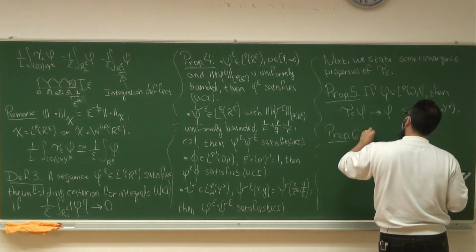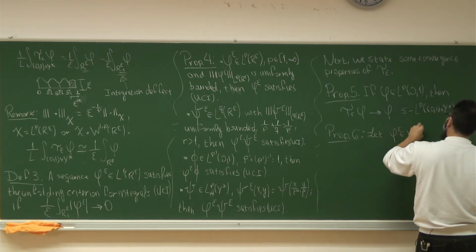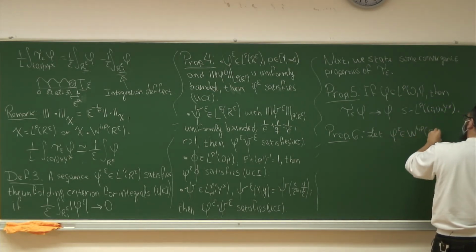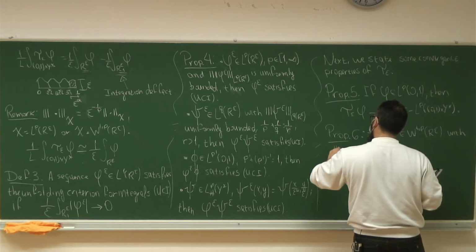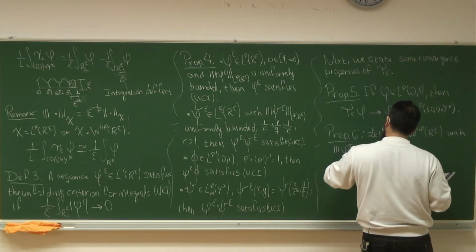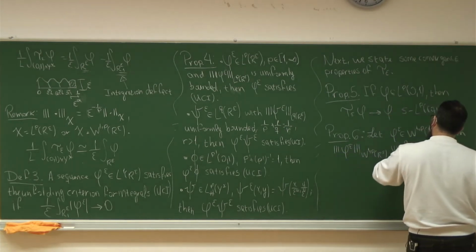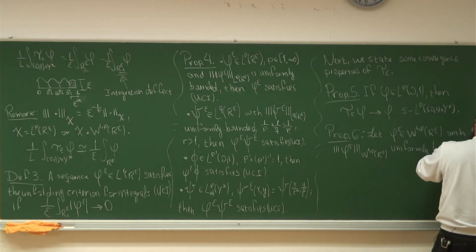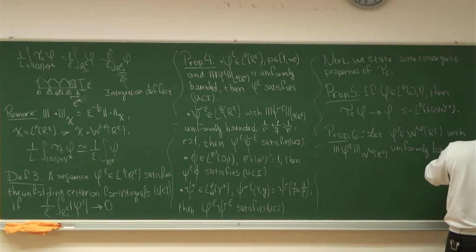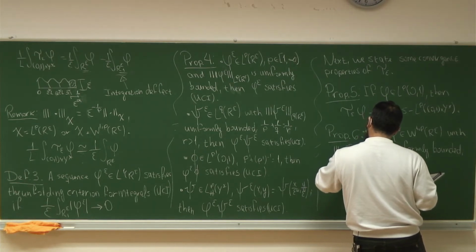So, let phi epsilon be a Sobolev sequence in epsilon with this triple norm uniformly bounded, and P is here.